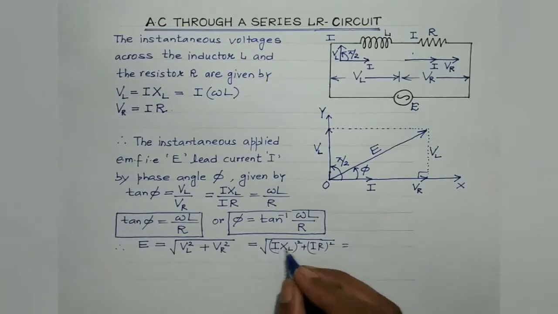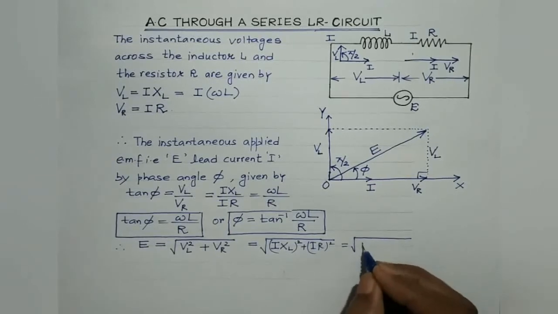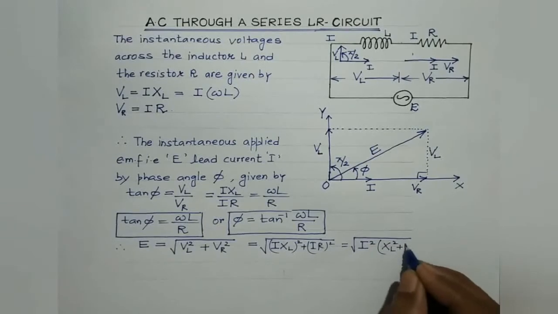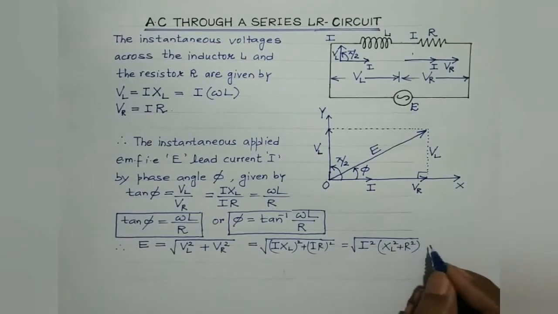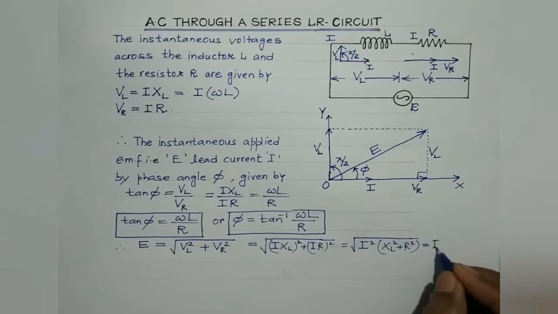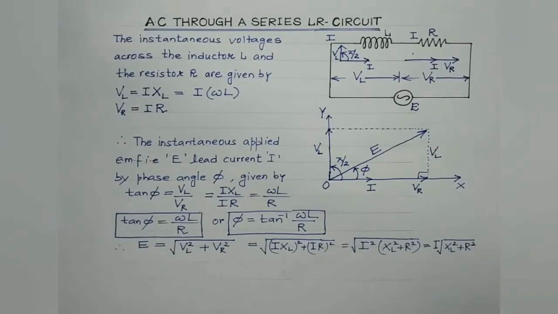So here I square can be taken as common, isn't it? So it can be written like this: I square into XL square plus R square. Now I square can be taken out of the square root, so we get I times square root of XL square plus R square.